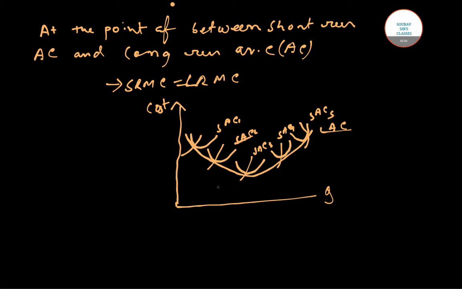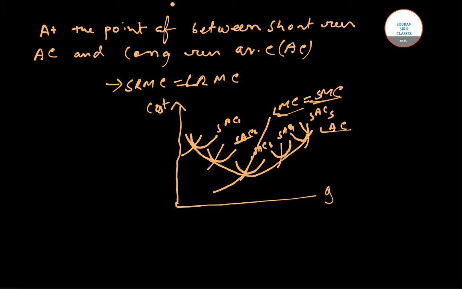Now we know the long run marginal cost curve, LMC, is equal to SMC. So at the point of tangency where the short run average cost curve and the long run average cost curve meet, at this point or at this point, LMC is equal to SMC. At the tangency between SAC and LAC, we know SMC equals LMC.